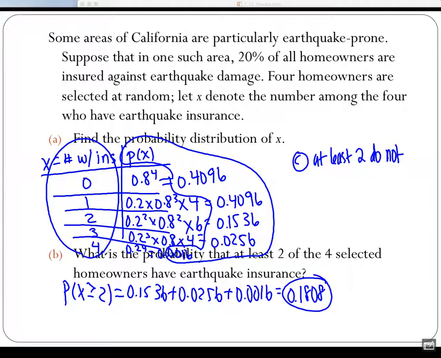Right. So the way I think about this is this means that 2 do not, 3 do not, and 4 do not have insurance. If this is the number of people that do not have insurance, that means 2 do have insurance, 1 doesn't have insurance, and 0 do have insurance. So the same way to write this is the probability that X is less than or equal to 2. At most, 2 people do have insurance.